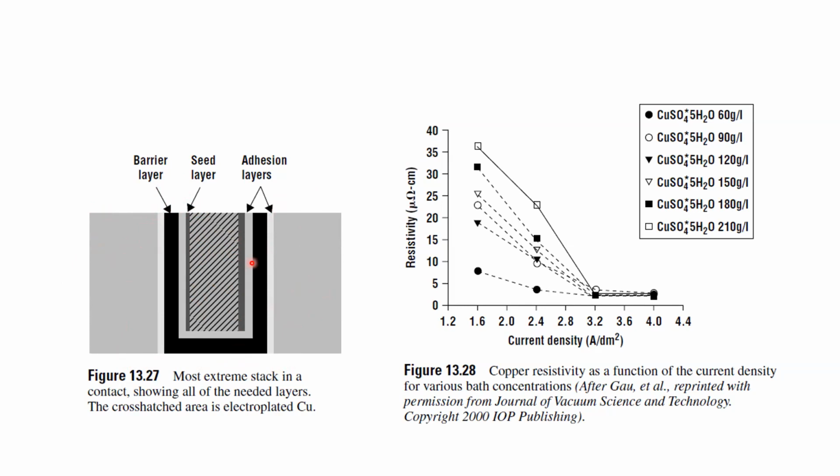To deposit our copper plug using the electroplating method, we need a seed layer, which works as a metal electrode, right? This layer can typically be done using physical vapor deposition or chemical vapor deposition.